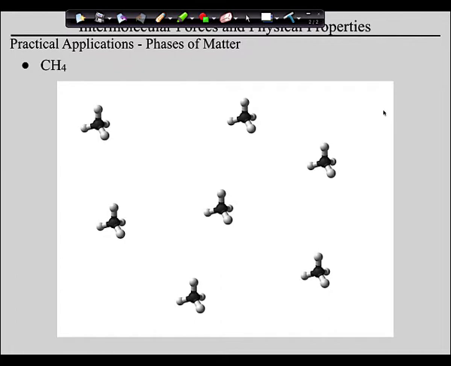So guys, this is what you need to write down. This is the way we're going to summarize that. If your molecule is not polar, guys, notice the arrow. You know what that arrow means? Therefore.